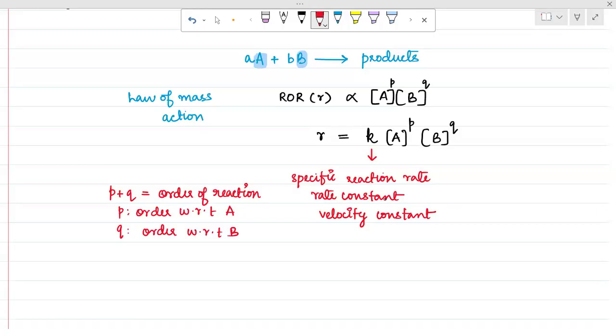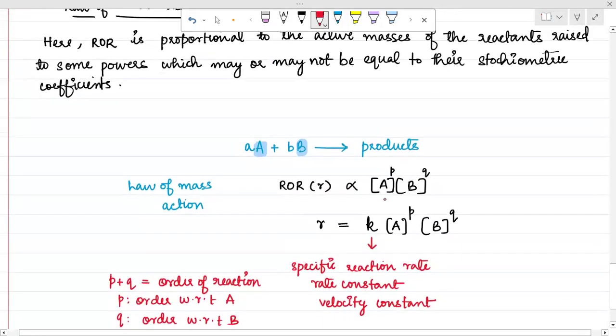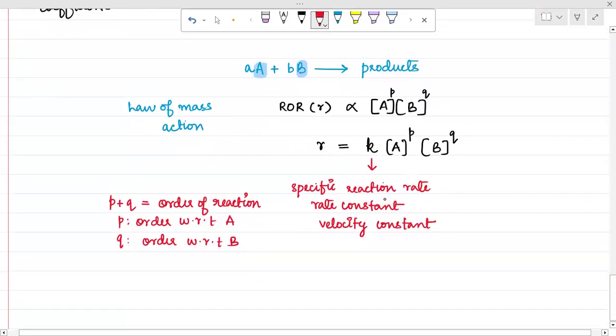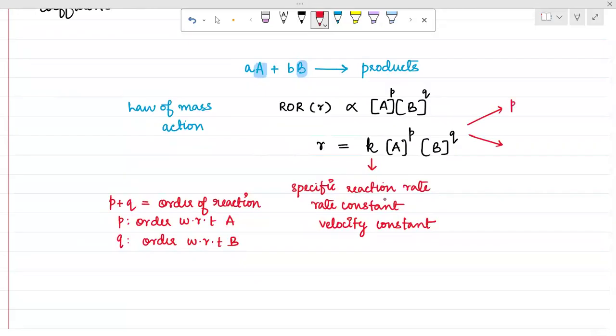Okay. Now, there are two cases. One case is where this p is equal to the stoichiometric coefficient of A and q is the stoichiometric coefficient of B, like this. This can happen or this may not happen.